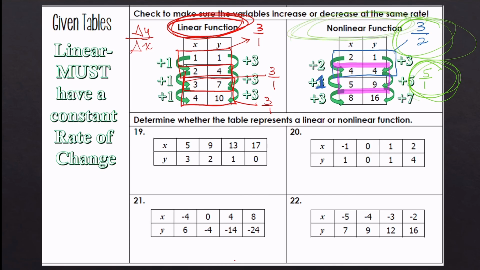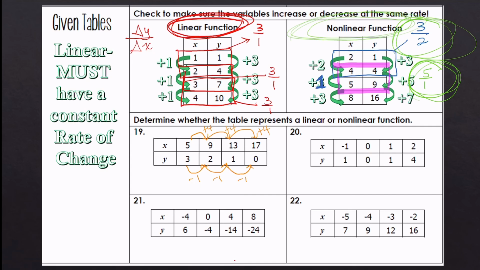So let's go look at our first example, and I will do the first one with you. From 5 to 9, I went up 4. 9 to 13, I went up 4. 13 to 17, I went up 4. 3 to 2, I went down 1. 2 to 1, I went down 1. And I went down 1.